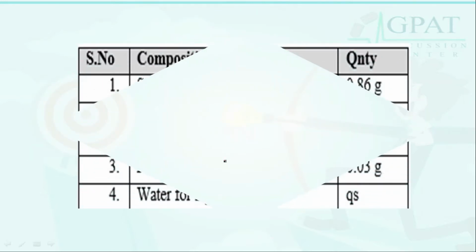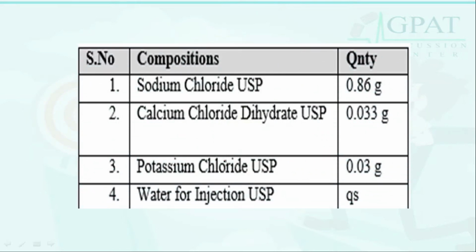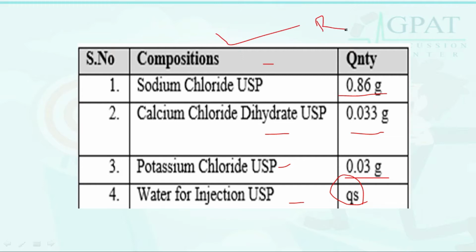Here is the composition: sodium chloride USP, 0.86, calcium chloride dihydrate USP, 0.033 gram, potassium chloride, 0.03 gram, and water for injection USP, quantity sufficient. So that is the composition of the Ringer solution.